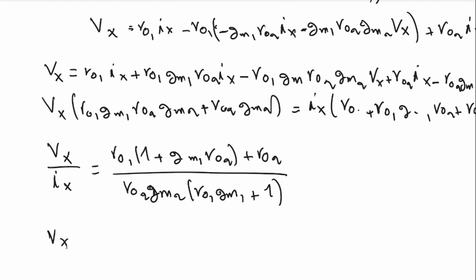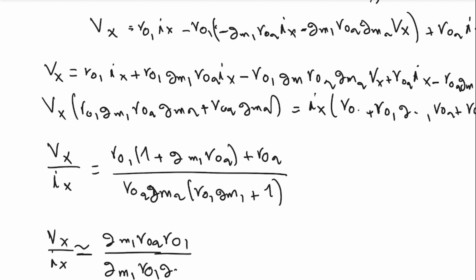Following the condition of the problem, the numerator is gm1 ro1 ro2 and the denominator is gm1 ro1 gm2 ro2. So this is the result.